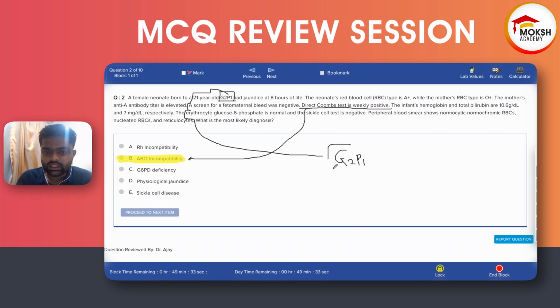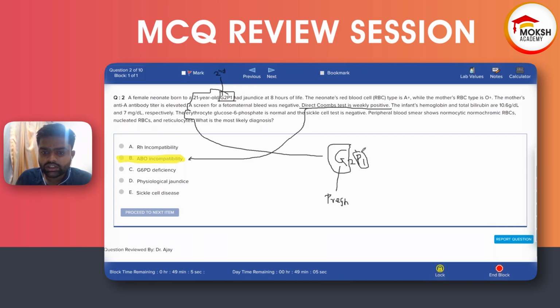G is gravida, which means how many times the patient has been pregnant, no matter whether it was a term delivery or an abortion. So we have to remember how many times the patient was pregnant. So this was the patient's second pregnancy.